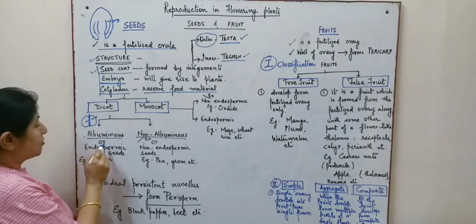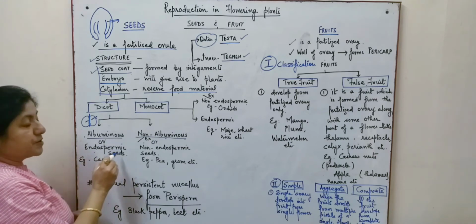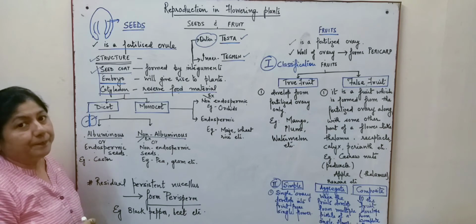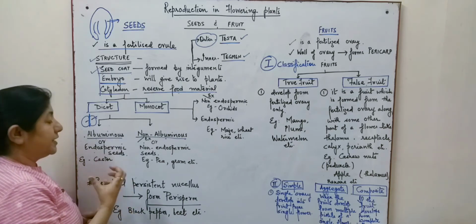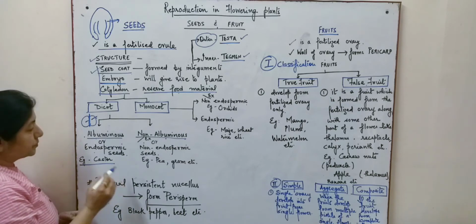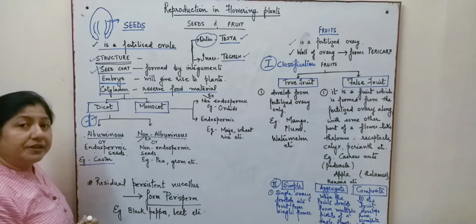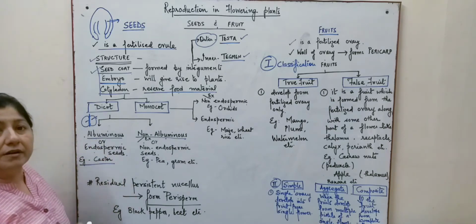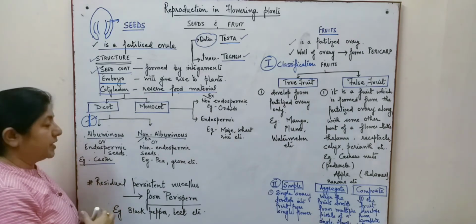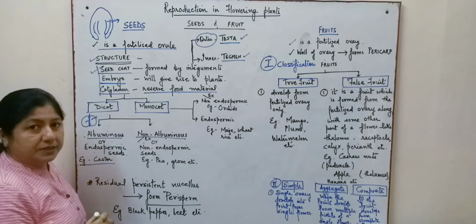So these are called endospermic seeds also. Albuminous means it will be retaining the reserve food material and not all is being utilized. Example is castor. Such seeds that retain the endosperm in spite of the development of the embryo are known as albuminous seeds.